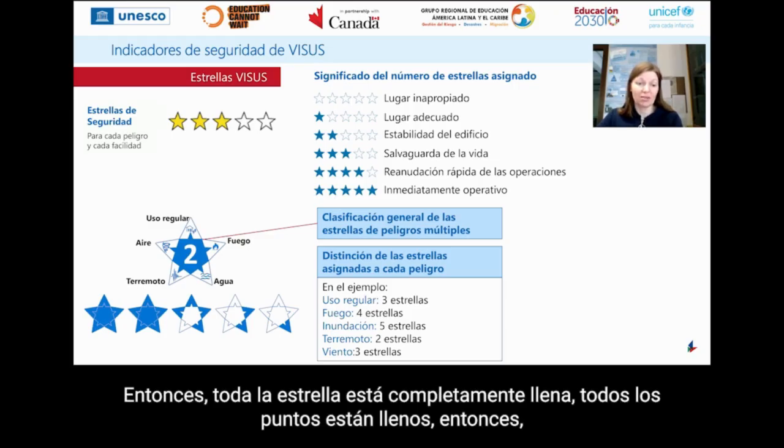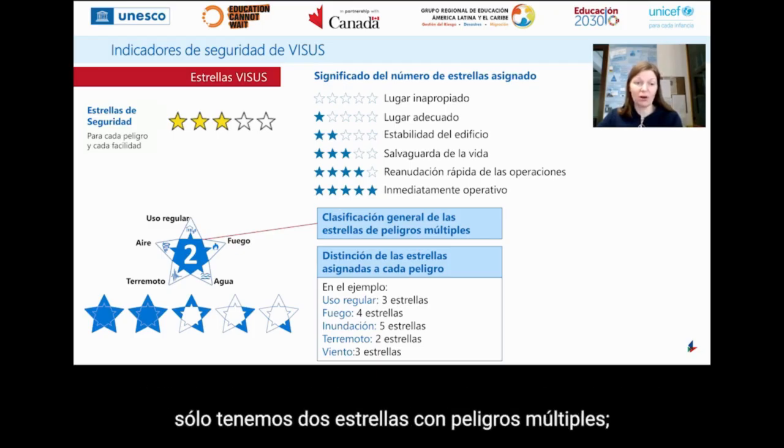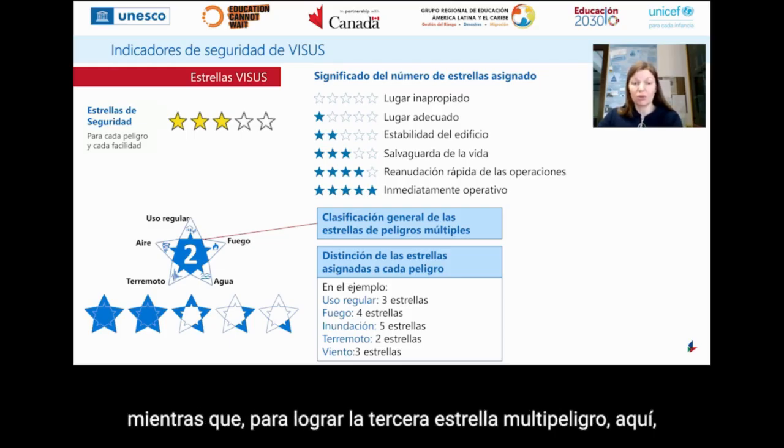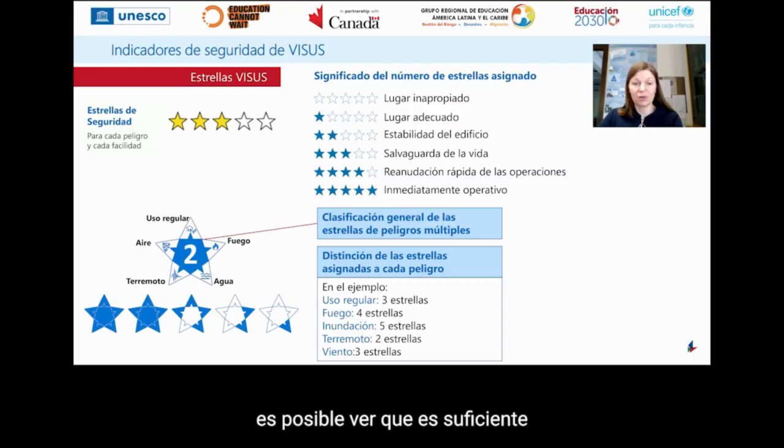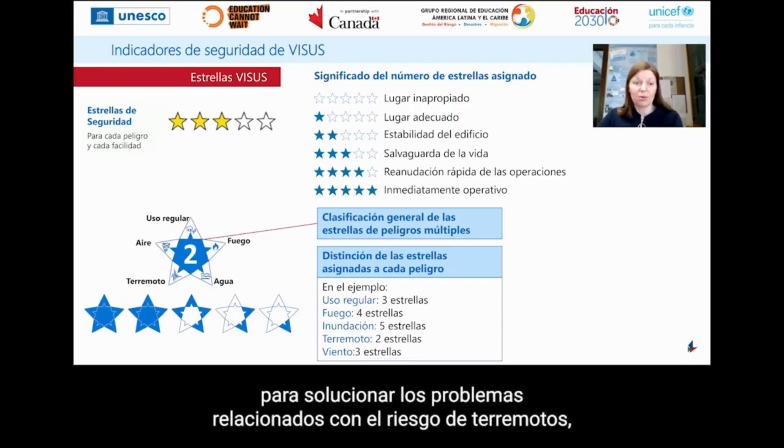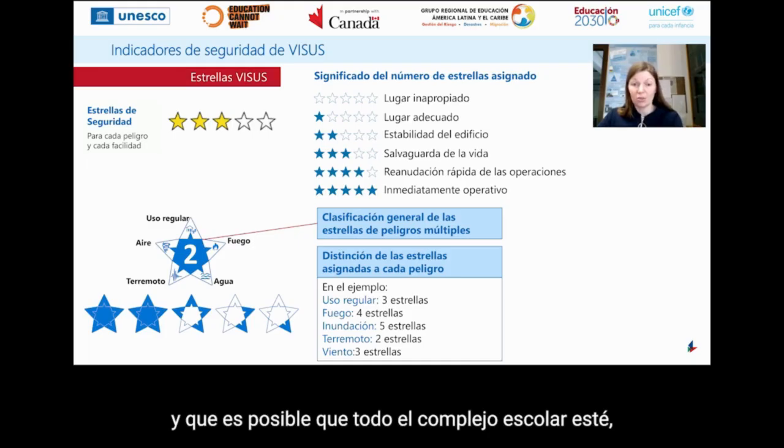So the star is completely filled only when all the rays are filled, so we have only 2 multi-hazard stars. In order to achieve the third multi-hazard star, it is enough to fix the problems concerning the earthquake hazard, and then the entire school complex is, for a multi-hazard assessment, life safeguard evaluated.